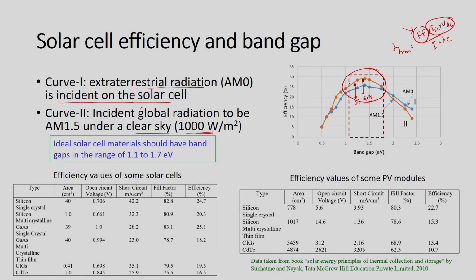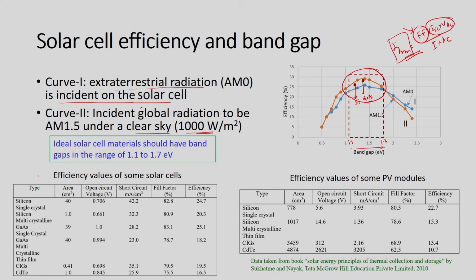This is about 1.1, and this is close to 1.7. So, if we consider a band gap between 1.1 and 1.7, it is expected that we will get higher conversion efficiencies. Of course, we can do a lot of iterations by varying this band gap, and we can optimize or maximize the maximum efficiency of conversion.